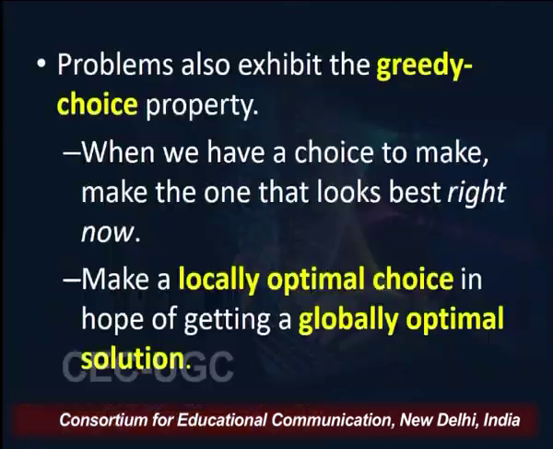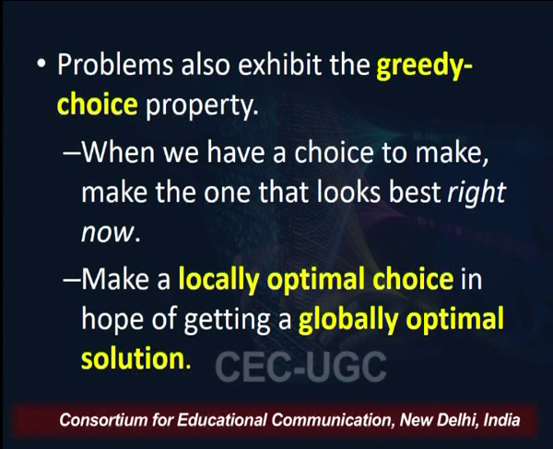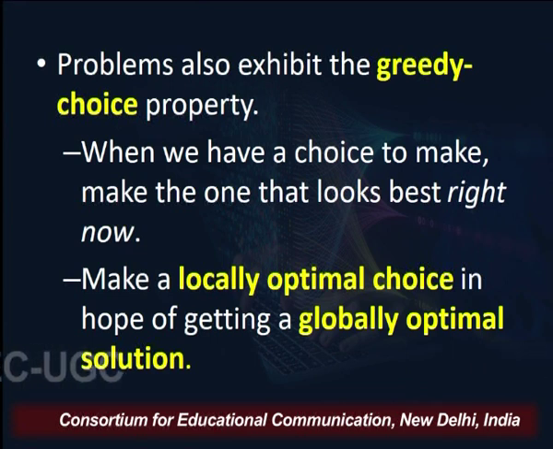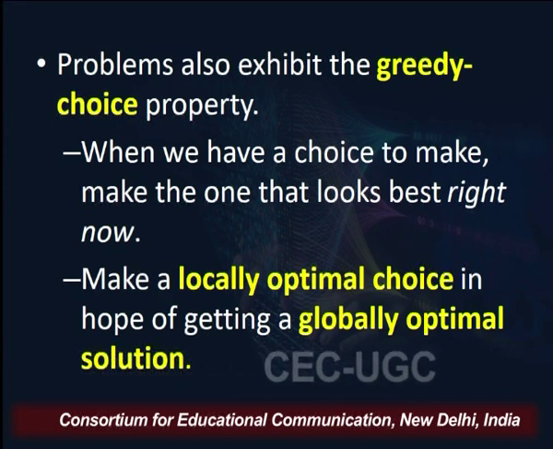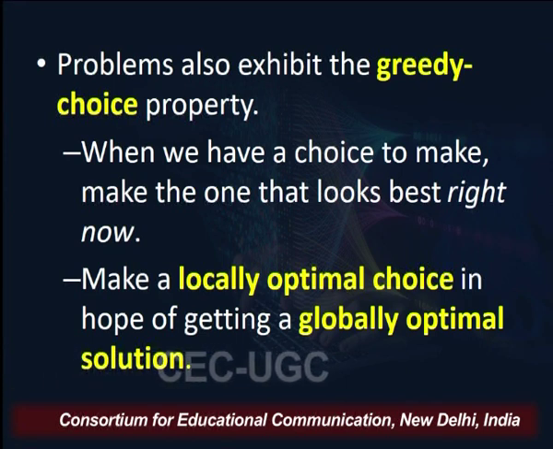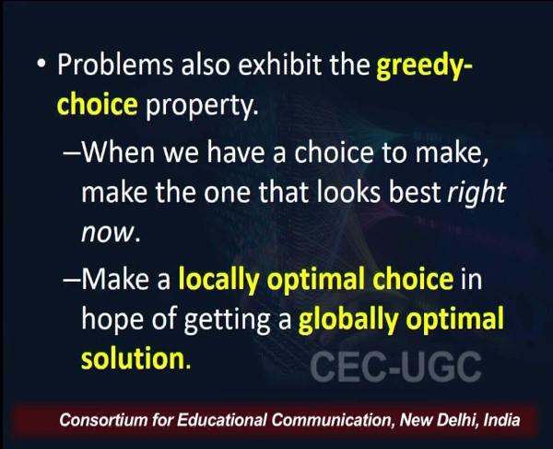So the problems which exhibit the greedy choice property are those where, whenever we need to make a choice to construct the solution, we pick the best available and make a locally optimal choice in the hope of getting a globally optimal solution.